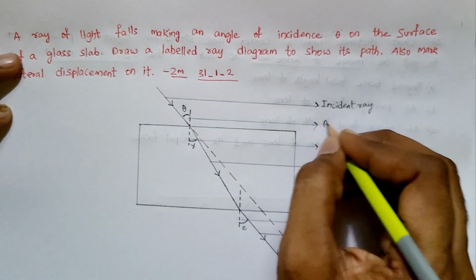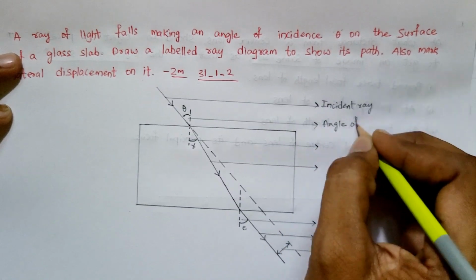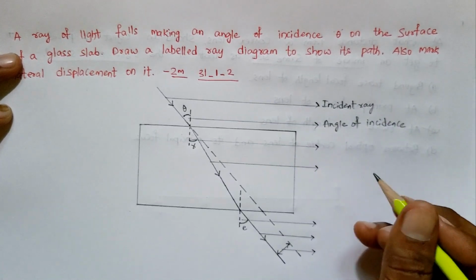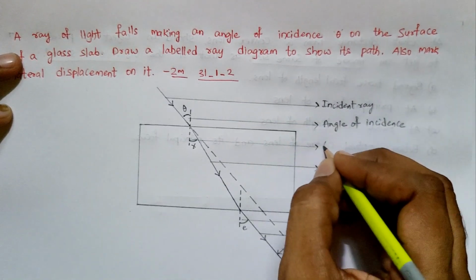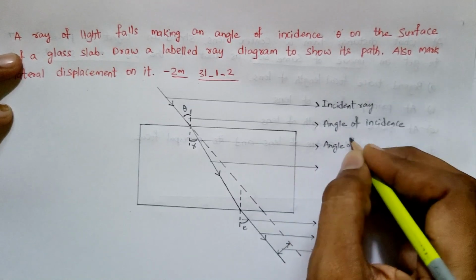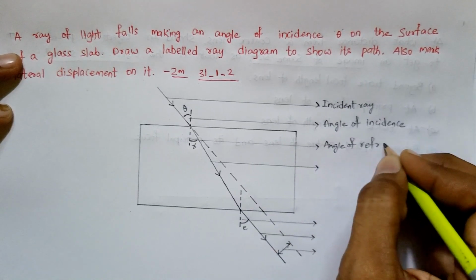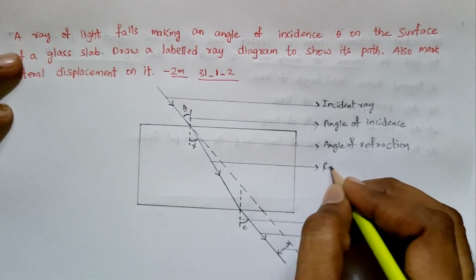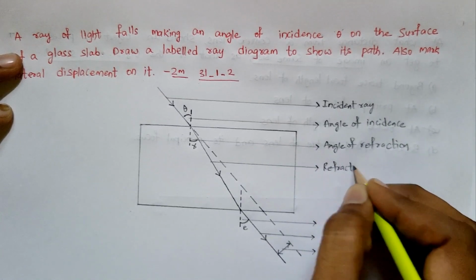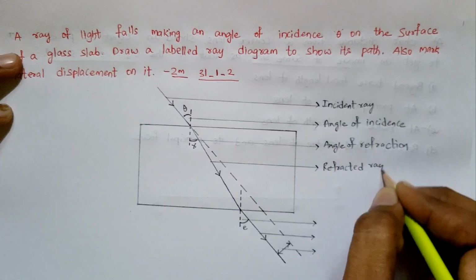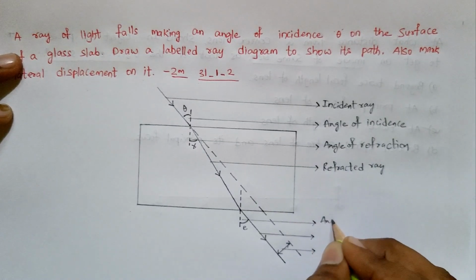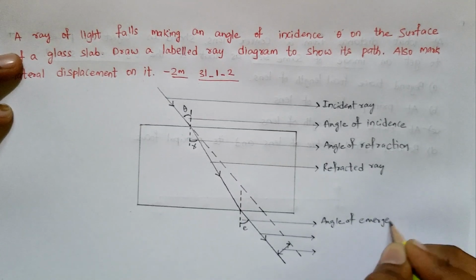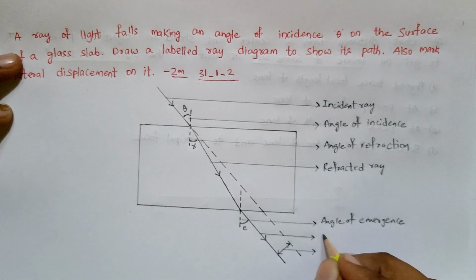This one will be angle of incidence, and this one will be angle of refraction, this one will be refracted ray, this one will be angle of emergence. This one will be emergent ray.